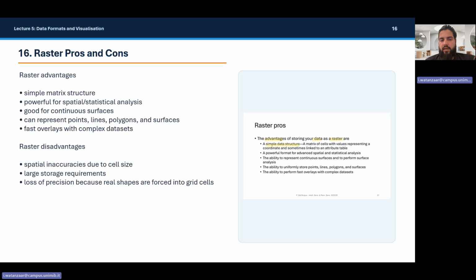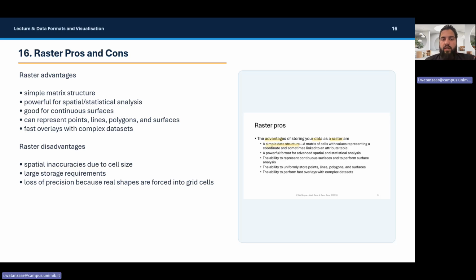So raster data really helps for multiple analyses like covariance, semivariogram and semivariance, and other spatial analysis. This is really helpful. It is good for continuous surfaces, as the land surface is continuous. It also has the feature that it can represent points, lines, polygons and surfaces.